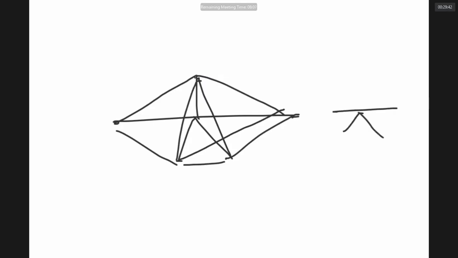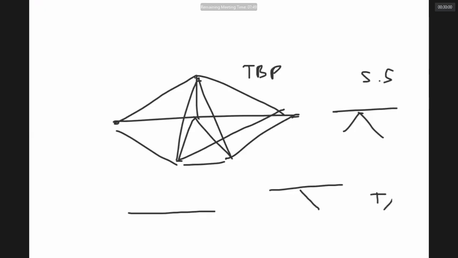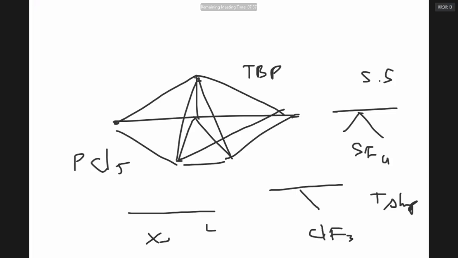Seesaw. If 2 are lone pairs? T shape. If 3 are lone pairs? Linear. I will write here: TBP, seesaw, T-shape, linear. PCl5, PF5, SF4, ClF3, XeF2.